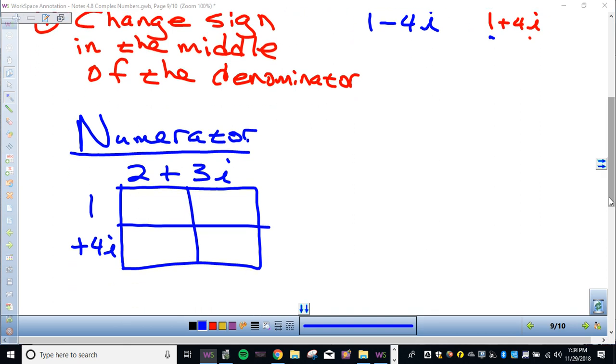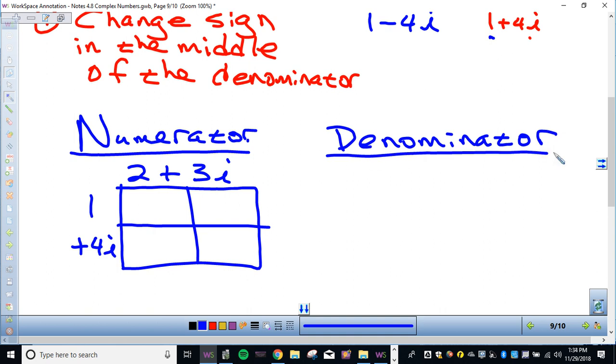And then I'll show you the same thing with the denominator, doing the box. Again, you showing me this work organized on your quiz and test will help me to give you partial credit. So you definitely want to try to do this. 1 minus 4i and 1 plus 4i.